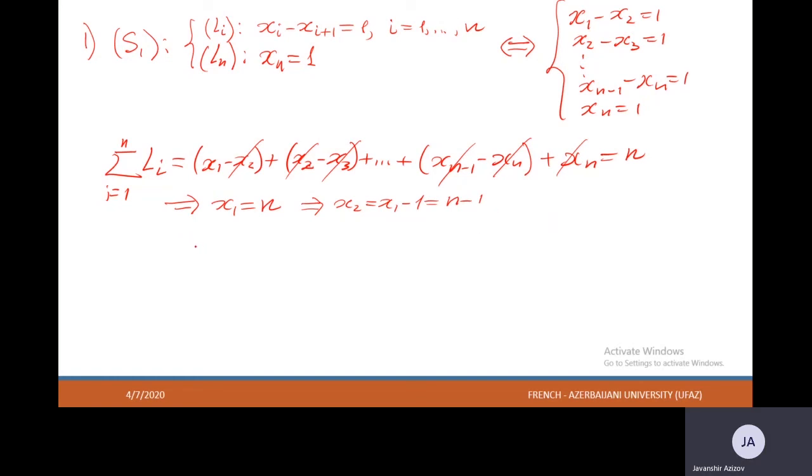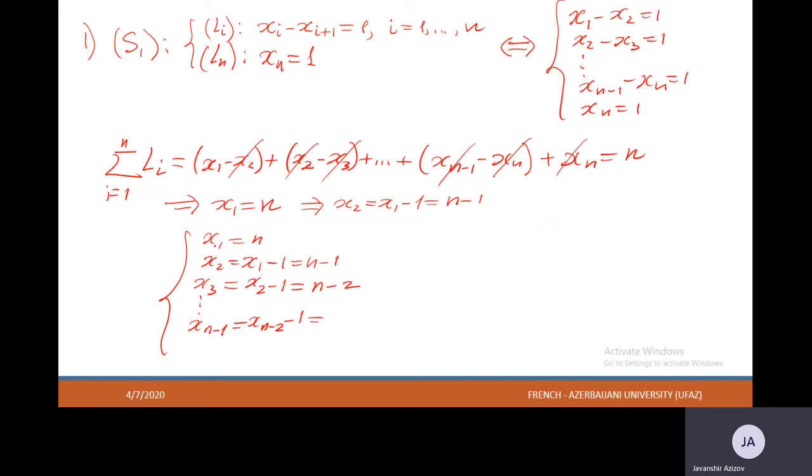Then the result will be this. x1 is n, x2 is x1 minus 1, which is n minus 1, x3 is, from here, x2 minus 1, which is equal to n minus 2, and xn minus 1 will be xn minus 2 minus 1.